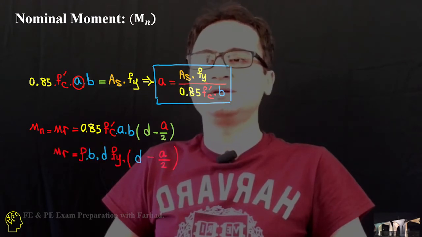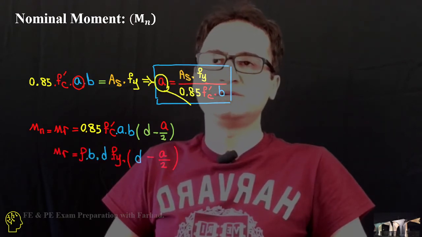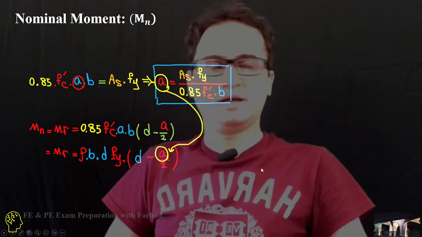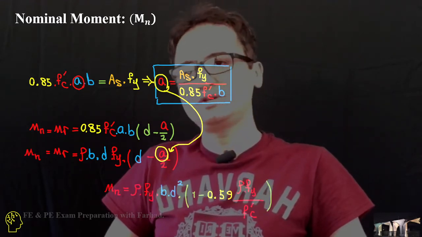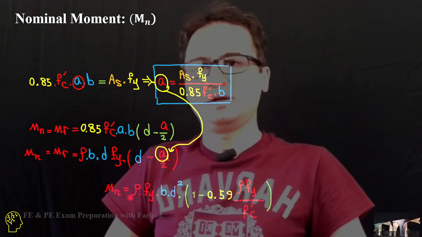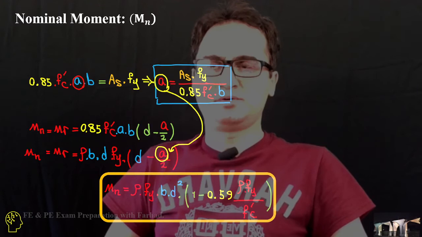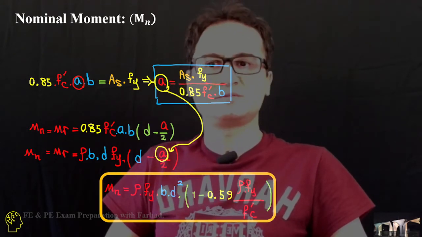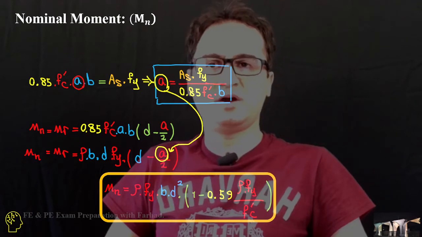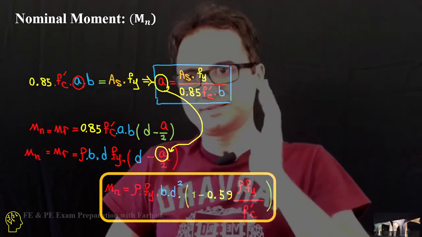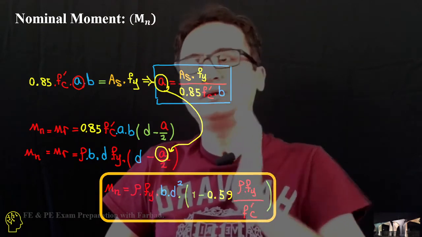And if you just replace a from this equation down here and rearrange the equation, it gives us a nominal moment equal to rho times Fy times b d squared times 1 minus 0.59 rho times Fy over f'c. That's the nominal moment calculation.